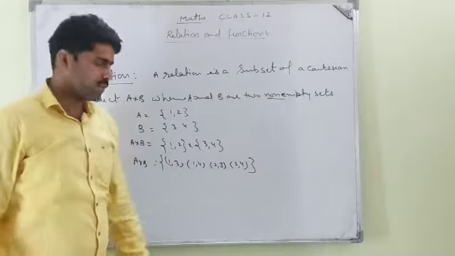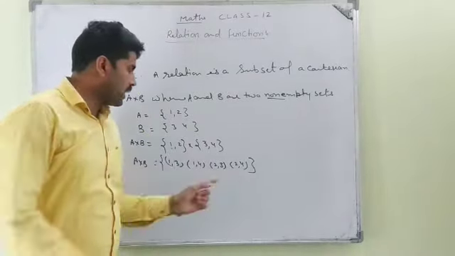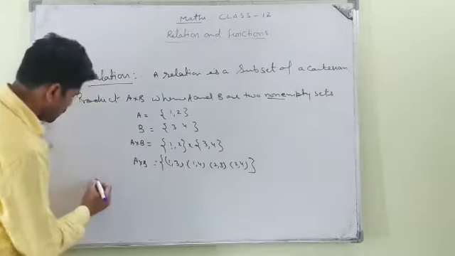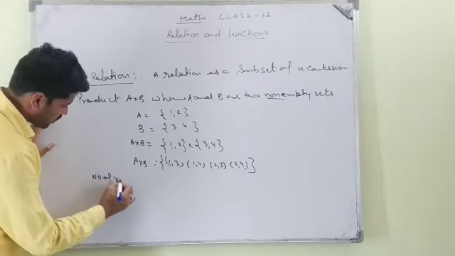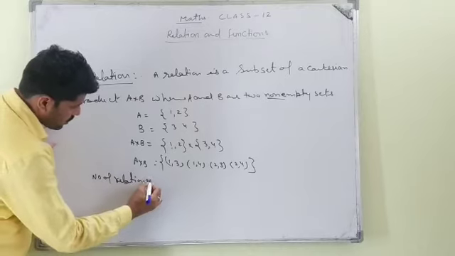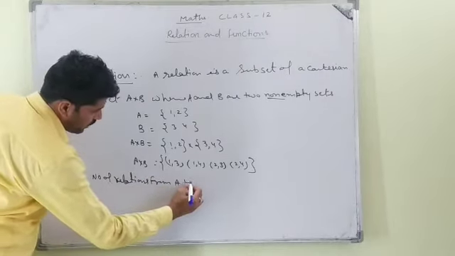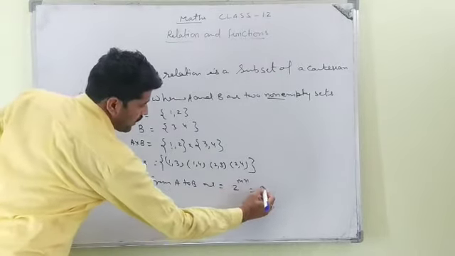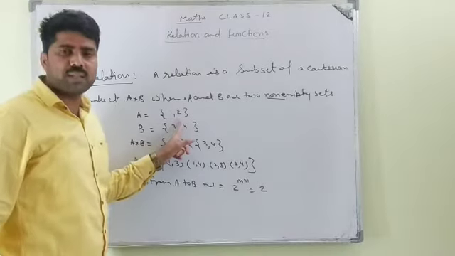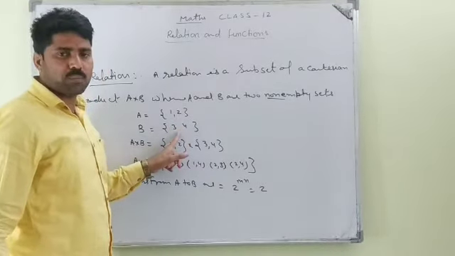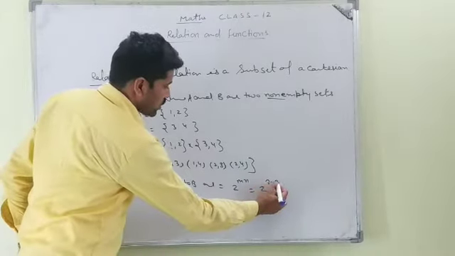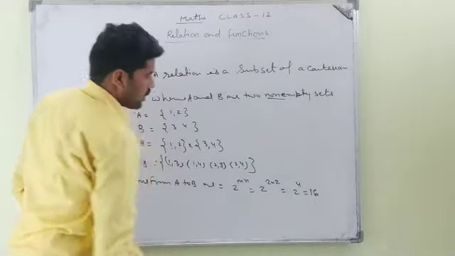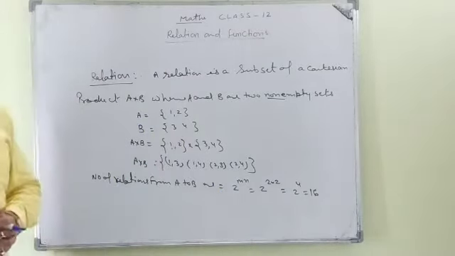In the set, the members inside the braces are known as the elements. The number of relations from A to B, the formula is 2 power mn, where m is the cardinal number of A, and n is the cardinal number of B. Here 2 into 2 is 2 power 4, so a total of 16 possible relations can be found.